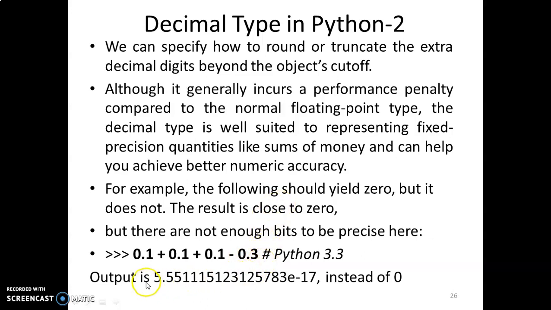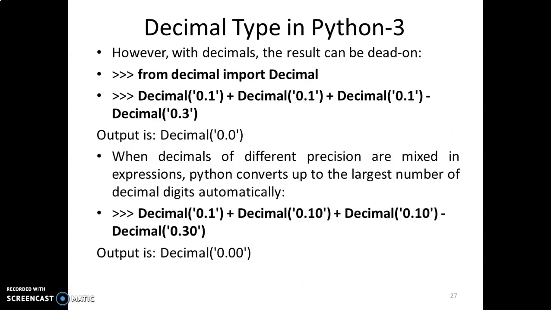But once you run it in the Python interpreter, you will get an output very close to 0 but not 0. So what you can do is use the decimal type in Python, with this syntax to create decimals. For example, Decimal in single quotes, you pass a string '0.1', it would represent the floating 0.1 but with better precision and better accuracy.